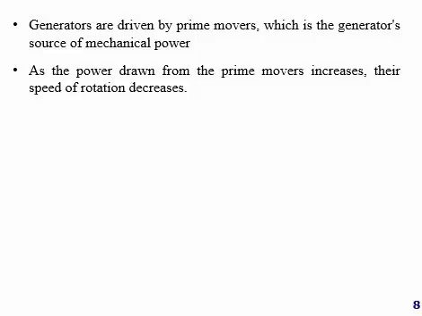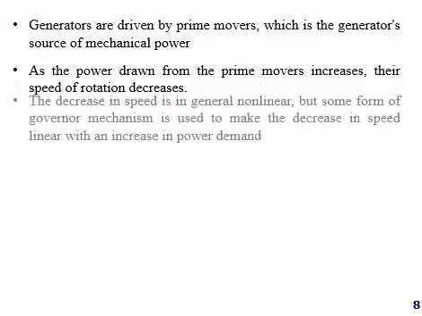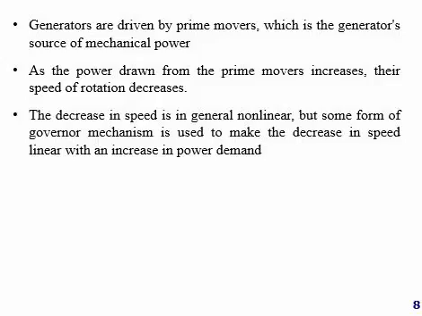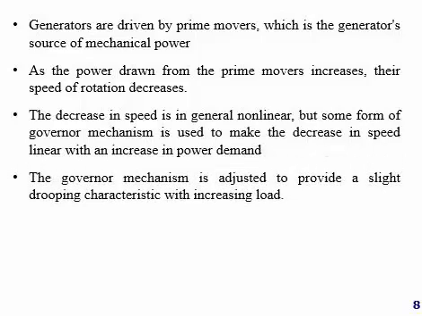As the power drawn from the prime mover increases, its speed of rotation decreases. The decrease in speed is in general non-linear, but some form of governor mechanism is used to make the decrease in speed linear with an increase in power demand. The governor mechanism is adjusted to provide a slight drooping characteristic with increasing load.